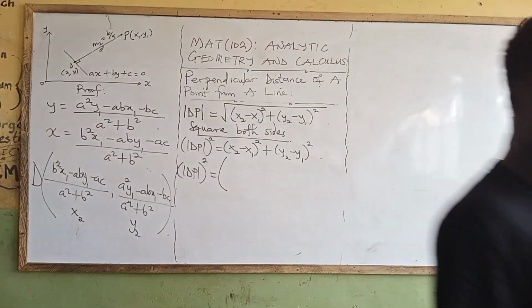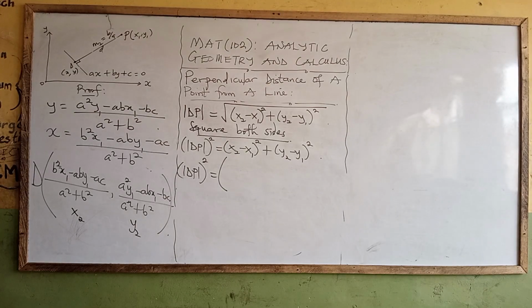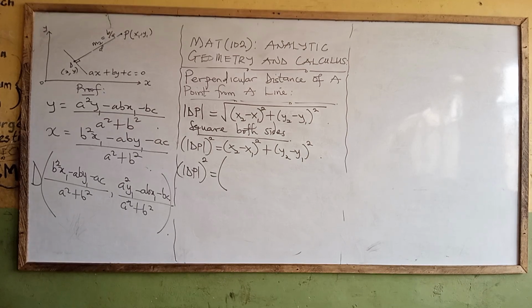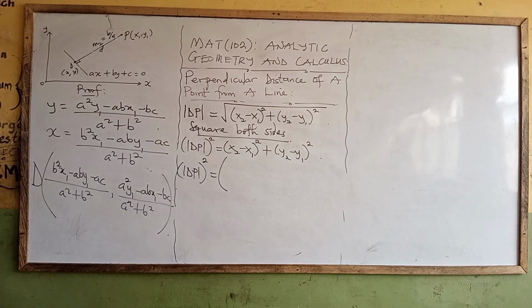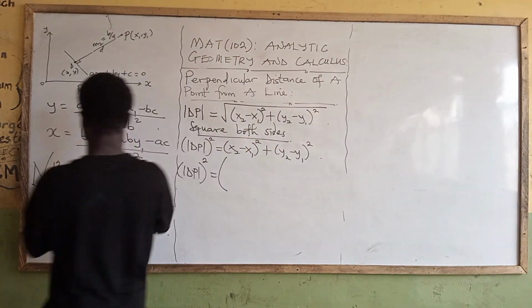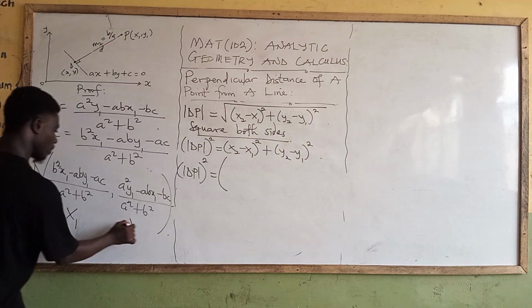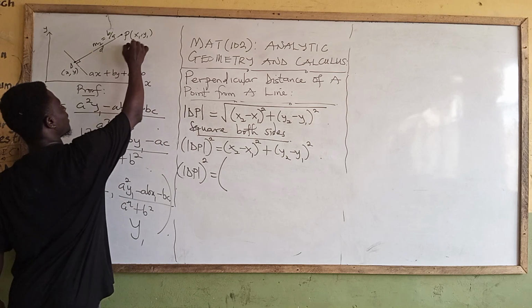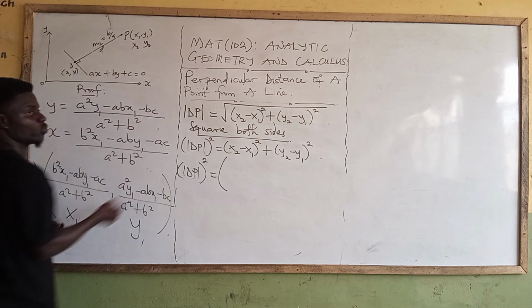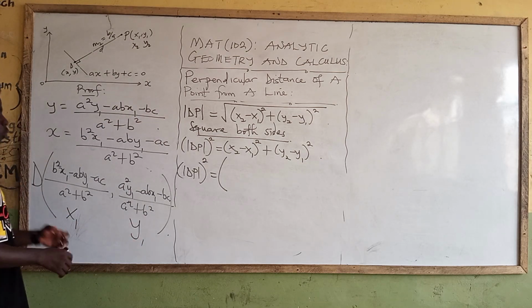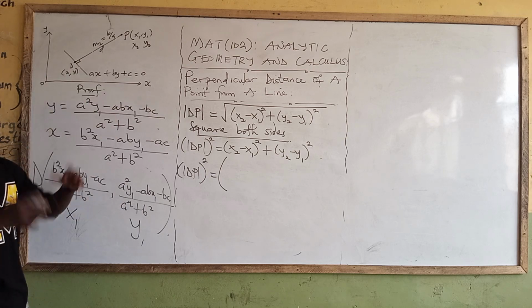Or better still, you can say that your x1 is your x2, then your x2 will be your x1, then your y1 will be your y2, then your y2 will be your y1. So let's use that: this one is my x1, this one is my y1, and this one will be my x2 and y2. You can use x2, y2, x1, y1. It's the same thing.